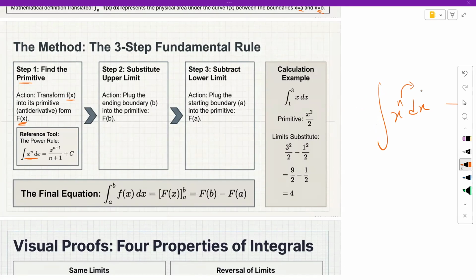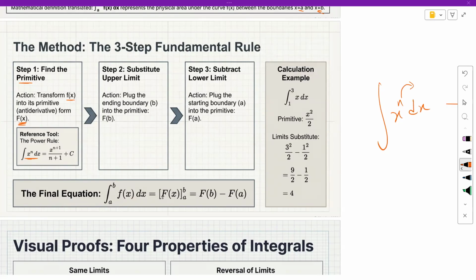Second, substitute the limit. Plug the ending boundary B into the primitive, you see F(B). Step 3, subtract the lower limit. First we have to substitute the upper limit, B, and then the lower limit, A. Plug the starting boundary A into the primitive, F(A). Here is the final equation: A is the lower limit, B is the upper limit, of the function of x dx.